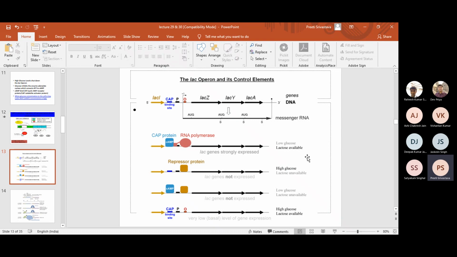Most of the time, glucose or simple sugars are preferred, but complex carbons like cellulose, lactose, galactose, which are disaccharides or complex polysaccharides, require a machinery. For utilization of these carbon sources, the cell has devised a machinery to switch the genes on only and only when required, otherwise they would remain off.